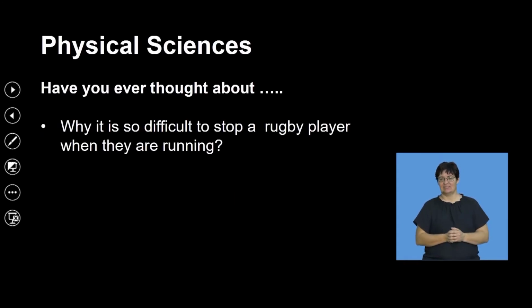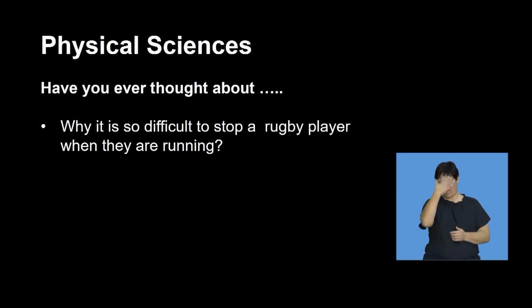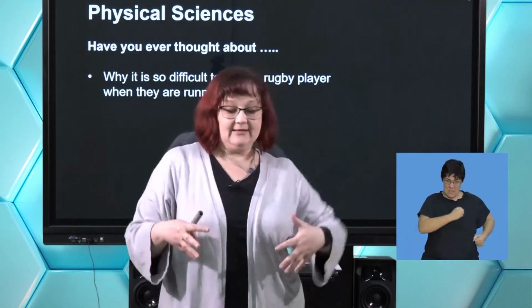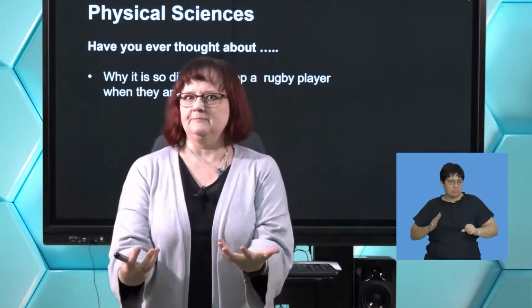I know we started with this question last time, but it's actually quite important because we've thought about why is it difficult to stop a rugby player when they're running? Last time we spoke about the fact that they'd have lots of momentum.